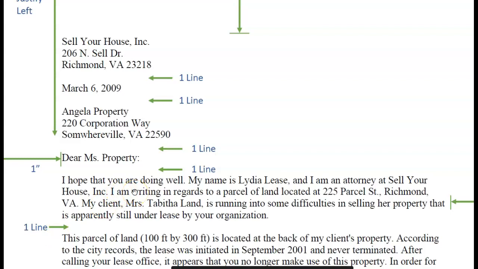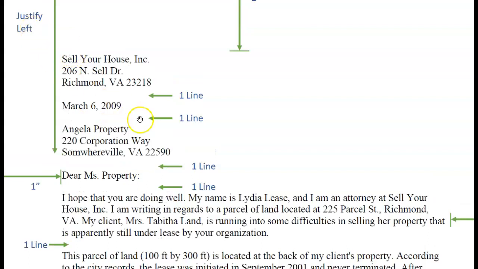This letter is written in block format. Block format and then modified block format are the preferred formats for business correspondence. It's called block format because the paragraphs are not indented. Instead, you double space between each paragraph, giving each paragraph sort of a block appearance.